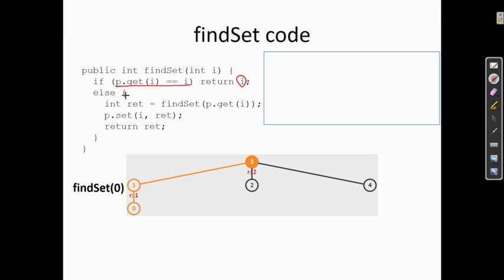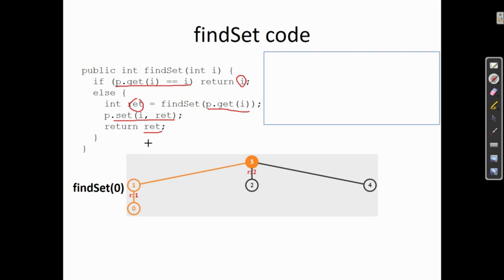Otherwise, it's not the representative item, so you recursively call find set on the parent of I. What is returned here must be the representative item, so you store it in a variable and then set I to be directly under this representative item. Then you continue returning the representative item to the previous caller. So it's a recursive procedure.